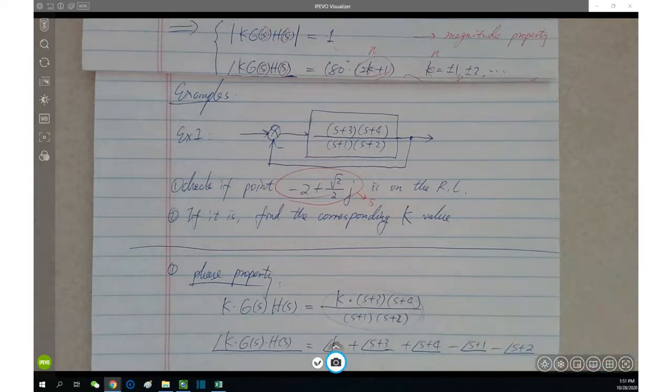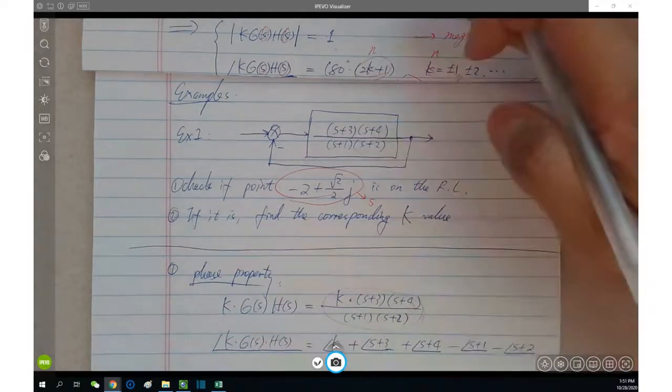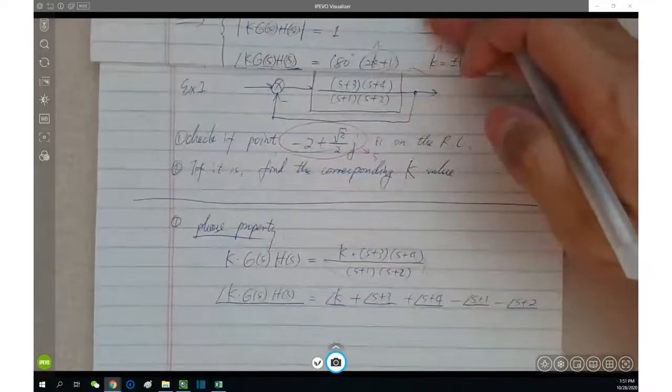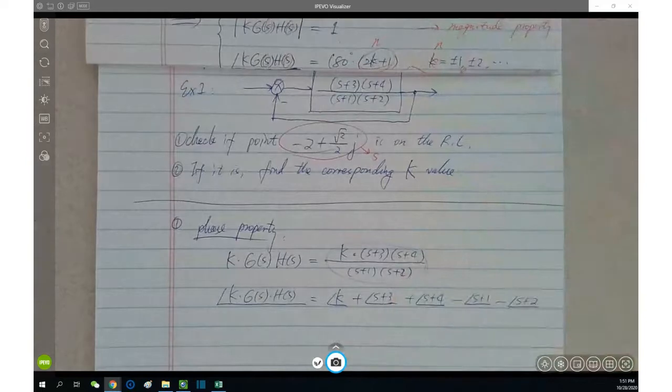Does this make sense? Any questions regarding this?